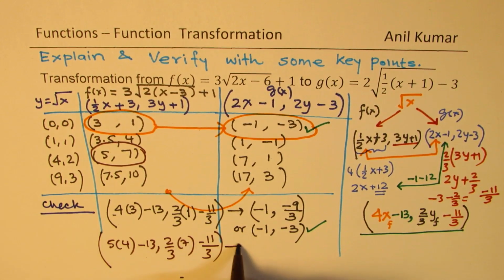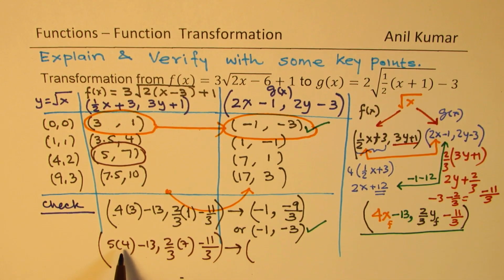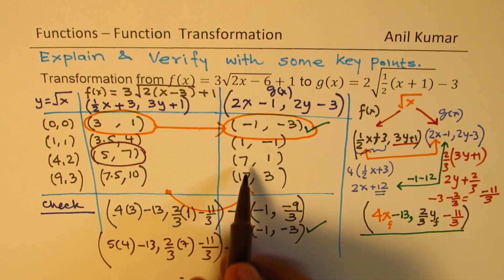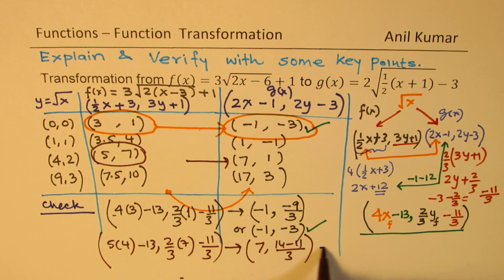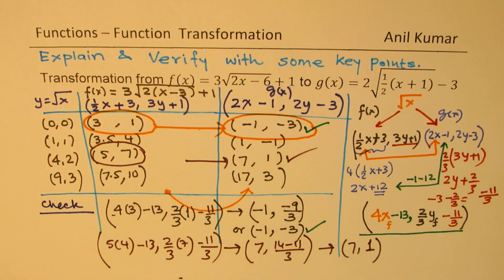Okay, so 5 times 4 is 20, 20 minus 13 is 7, right? So we got this 7. Here we have 14 over 3, 14 minus 11 over 3, right? So which is definitely equal to 7, and 14 minus 11 is 3, so 3 over 3 is 1. Do you see that? So that also matches.